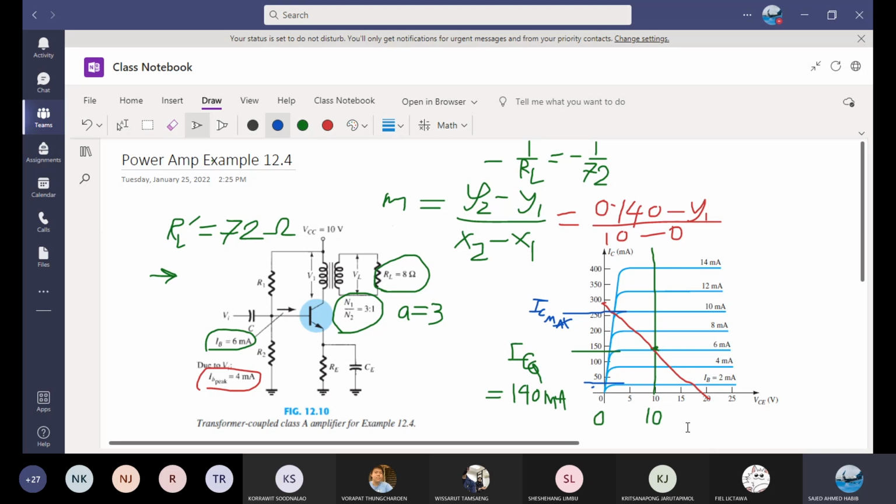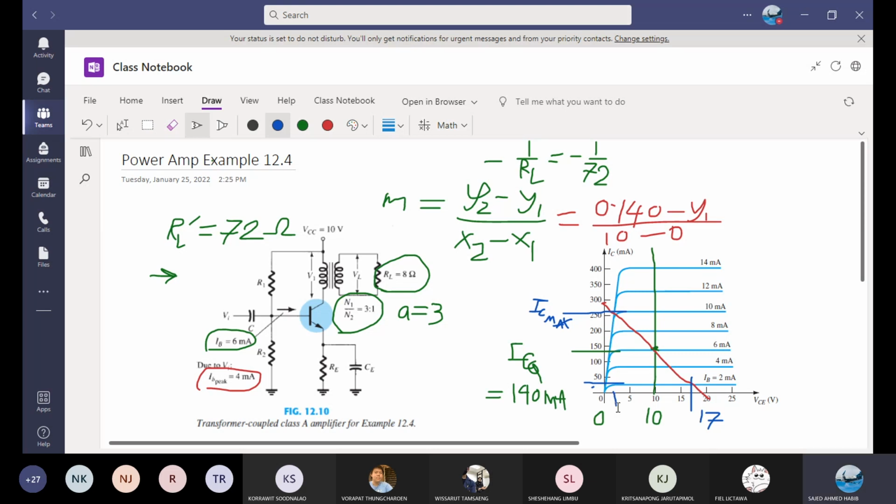And then, do you know how to find VCE max and VCE min? Well, right here. This is where we stop. So VCE max is around 17 volts. VCE minimum we have to draw from this point, the end point, right here.